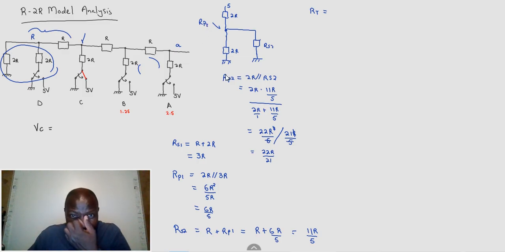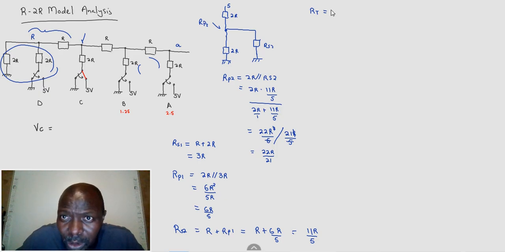All right. So now what do we do? We then go on and say R total is that resistance plus R parallel 2. So it's 2R, the resistance from the source, plus R parallel 2, which is given as 22R over 21.